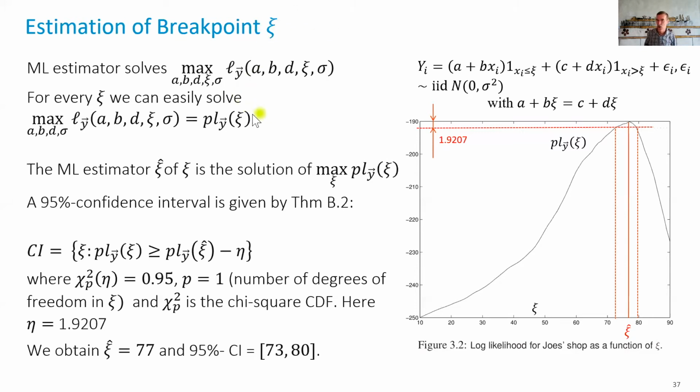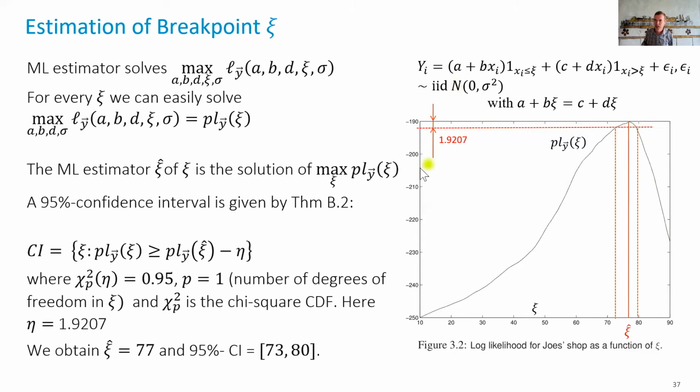And MATLAB or NumPy will return it. So I have this value, and for every value of xi, I plot it. So on the y-axis, I have the likelihood. I do it for values with an accuracy of one, a quantization of 1. So I did it for values 10, 11, 12, etc. And I get this curve here.